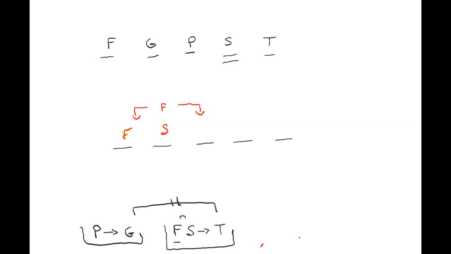Now what I want to do is keep the T and the G away, so to do that, I put the P here. In other words, this becomes PG. The T is here, so it still comes after the F and the S, and I have successfully separated them. And so D is the answer.